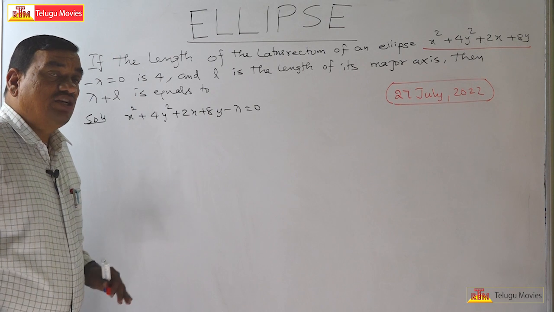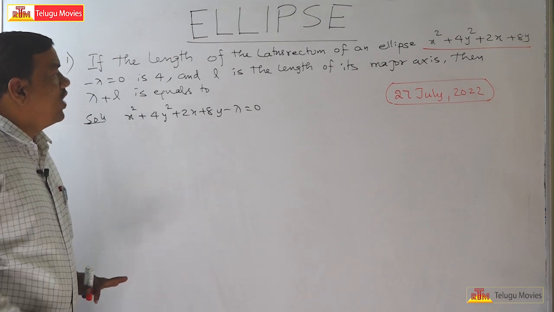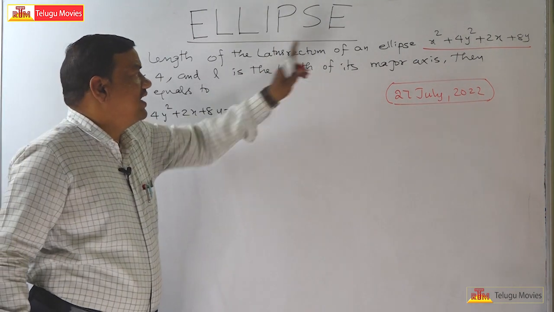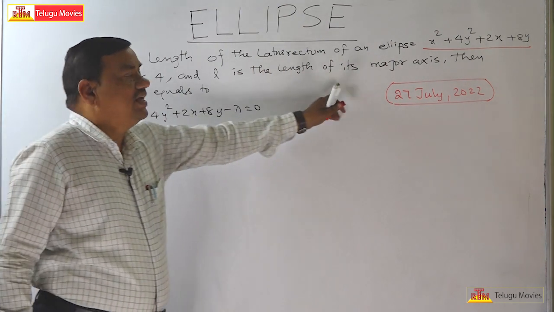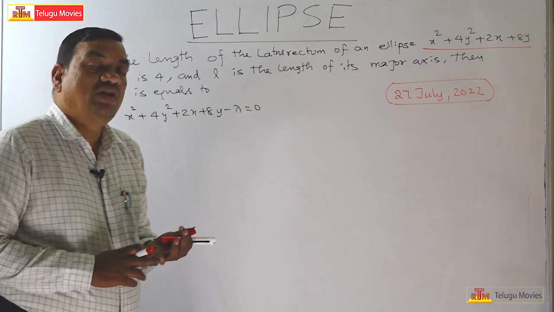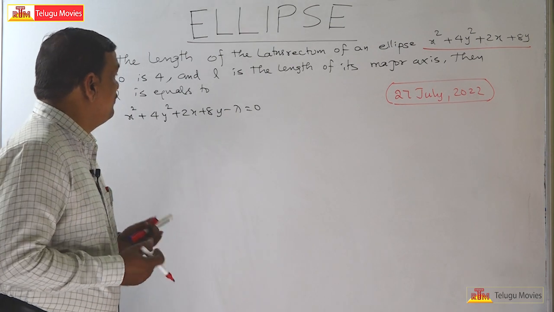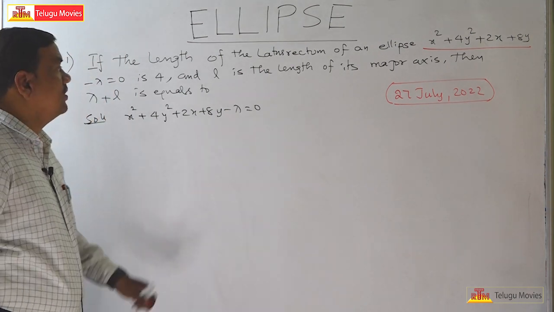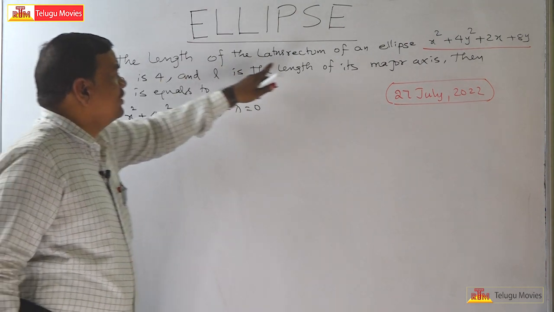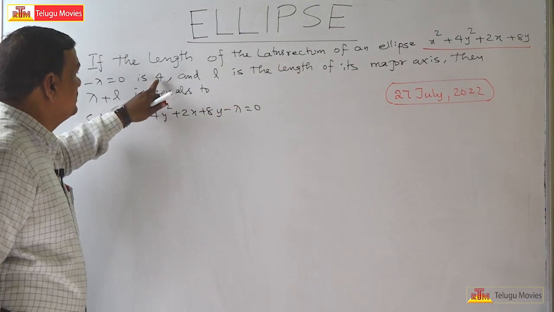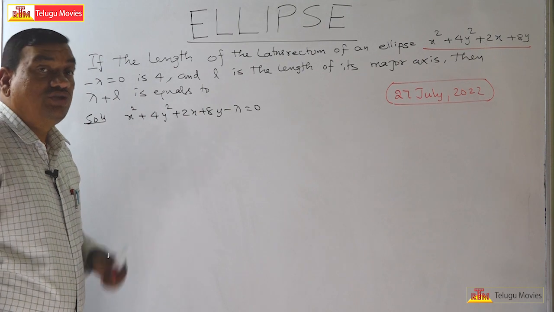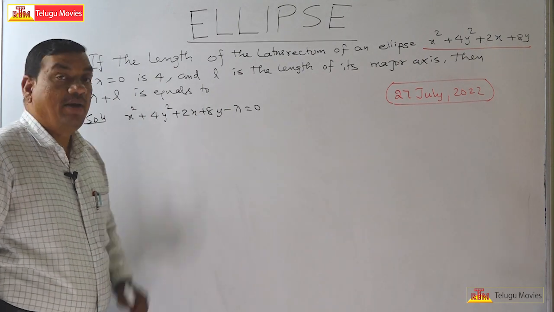For this, first of all, you have to find the length of the latus rectum and the length of the major axis. If you find the sum of the length of the latus rectum and the length of the major axis, the problem is over. It is given that the length of the latus rectum is 4, so using that hint, we have to find lambda.